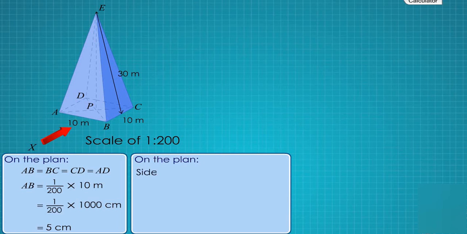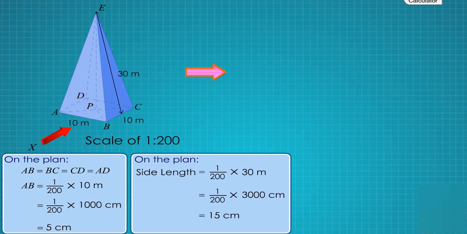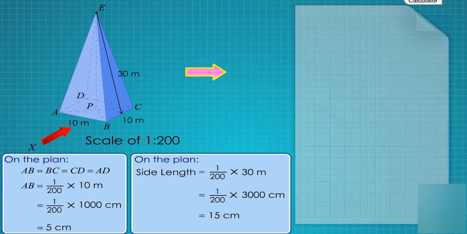We are also given the side length, which is 30 meters. So we have 1 over 200 times 30 meters, which is equal to 1 over 200 times 3000 centimeters. Therefore, the side length is 15 centimeters. Now, we can draw the front elevation.